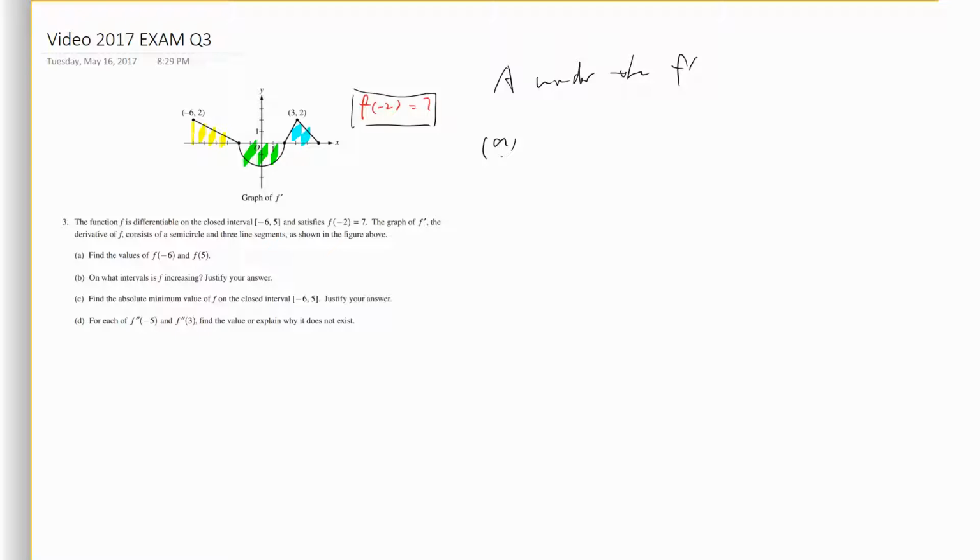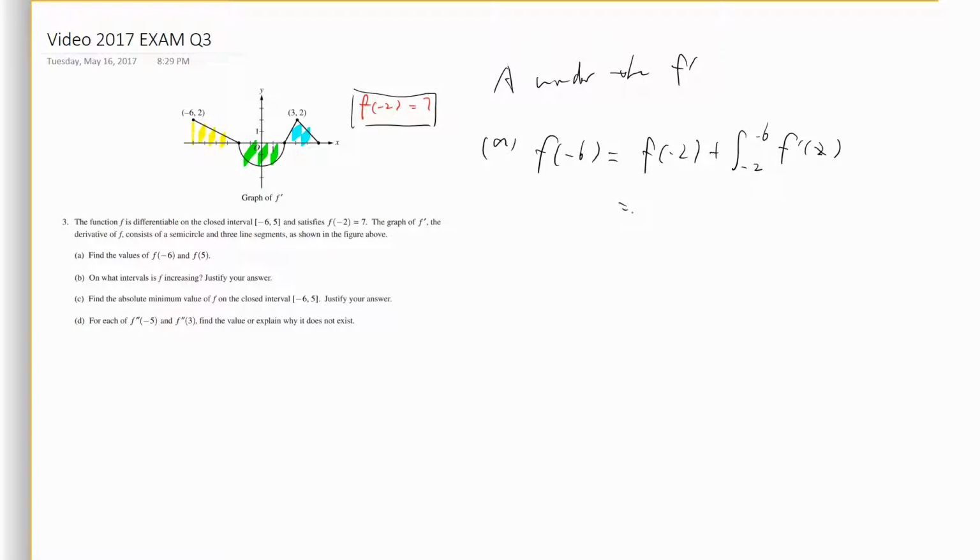So we know that f of -2 equals 7. So we know f of -6 by definition is f of -2 plus the integral from -2 to -6 of f prime of x.